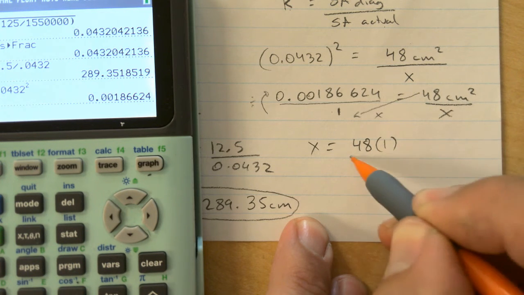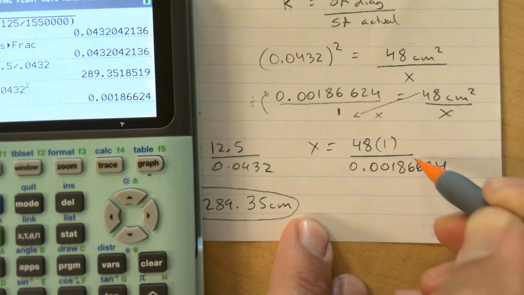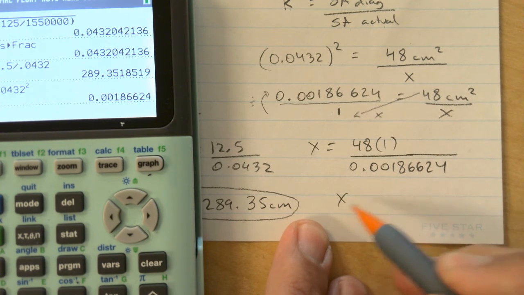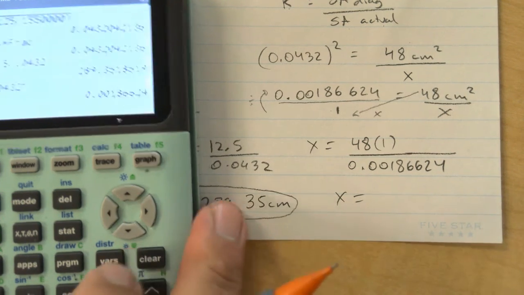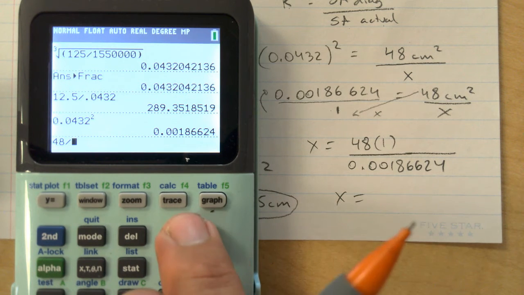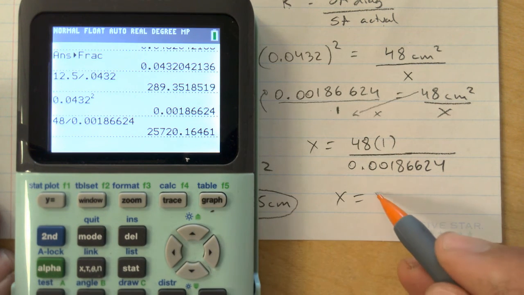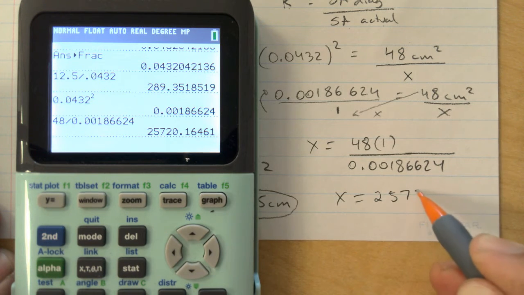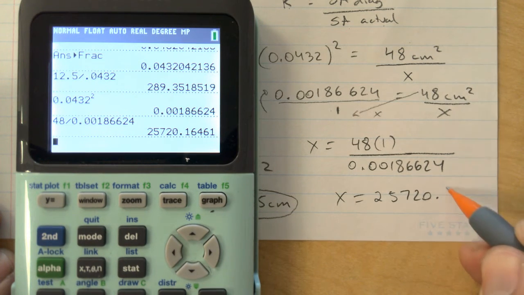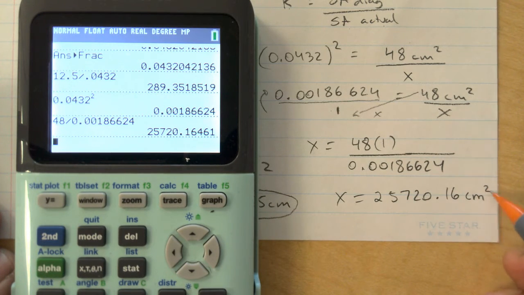48 times 1 divided by 0.00186624. So because your calculator has that number in there, I'm just going to go 48 divided by arrow up to select that last answer, copy it down, and then get my answer that way. 25,720.16, and we are in centimeters squared.